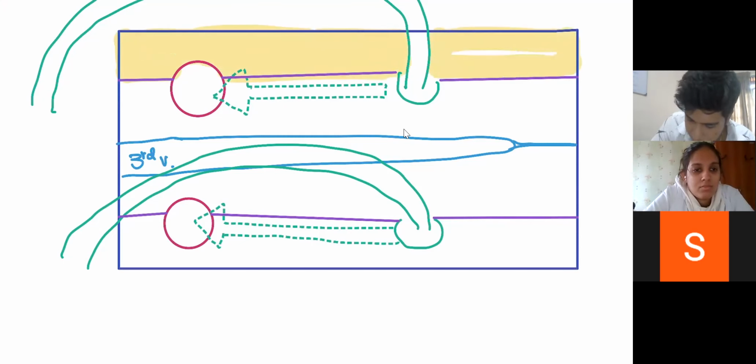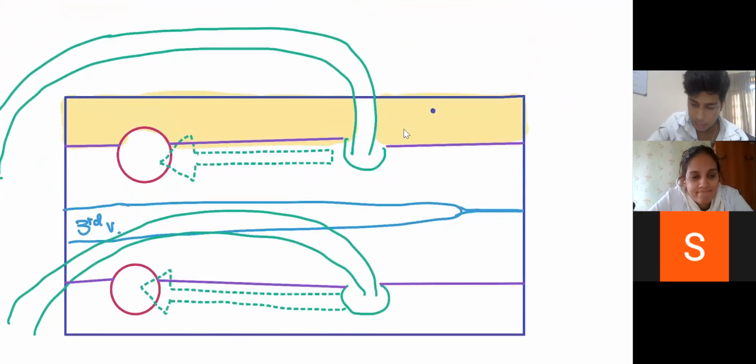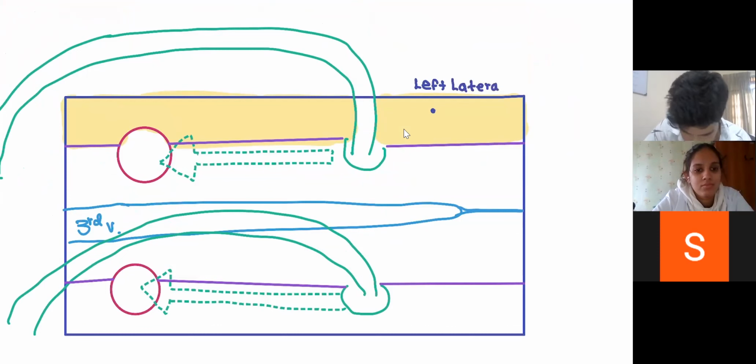Let's see. Can someone name this part? What is this part called? Okay, we are looking at the left side of the hypothalamus, and it is the lateral aspect, left lateral hypothalamus.